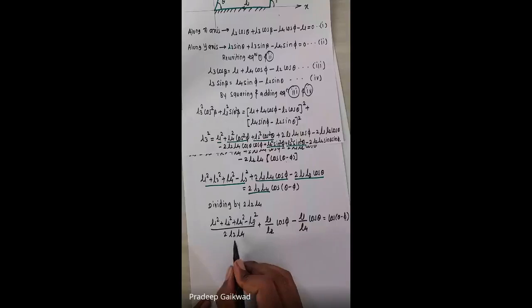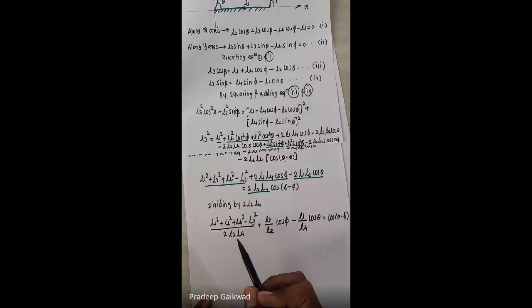Now the above equation can be written as, these constants we will write, because you can see L1, L2, L3, L4 in the first, all are constants, all are link lengths. Hence I'll write them as K1, K2 and K3.